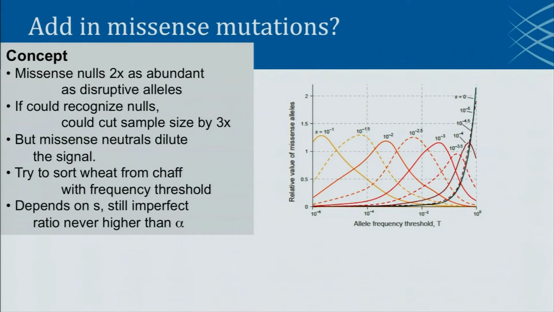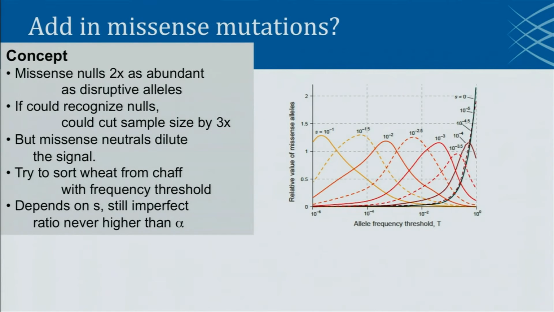And so this is a way that we looked at that. You impose some allele frequency threshold on the missense mutations, and then you ask, how much boost do I get to my association test information if I add in the missense mutations compared to just looking at the LOF?